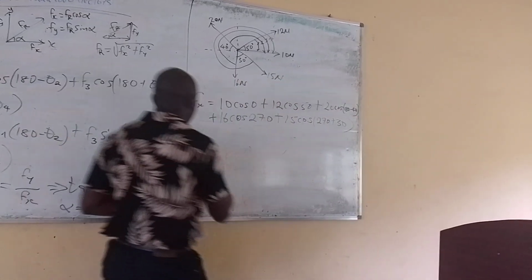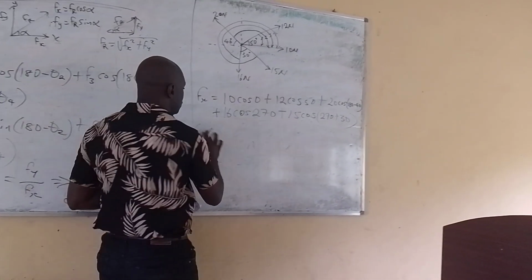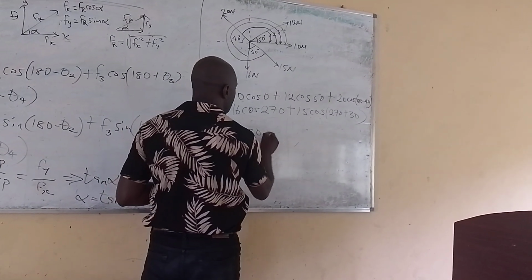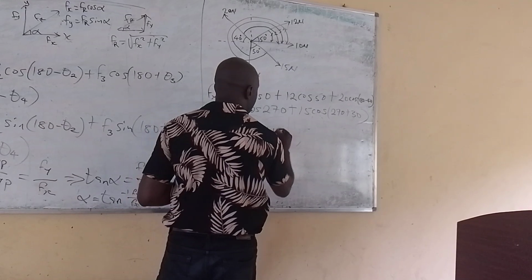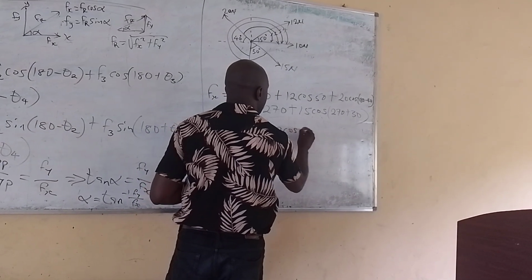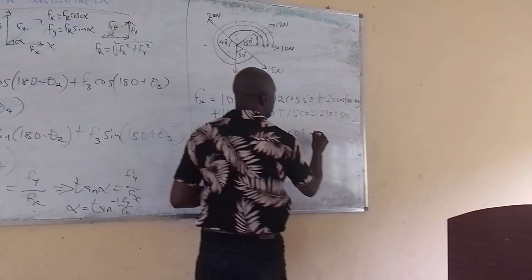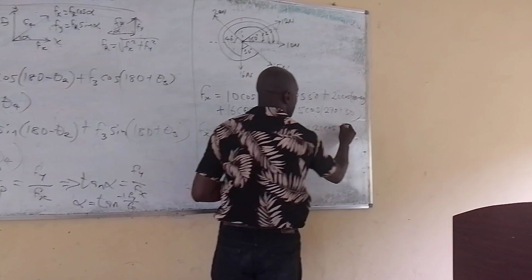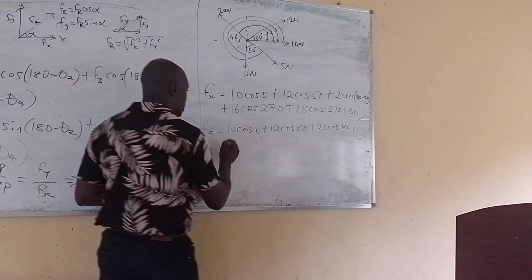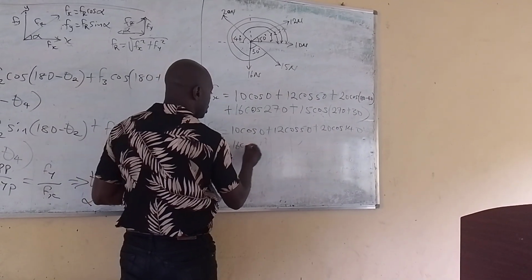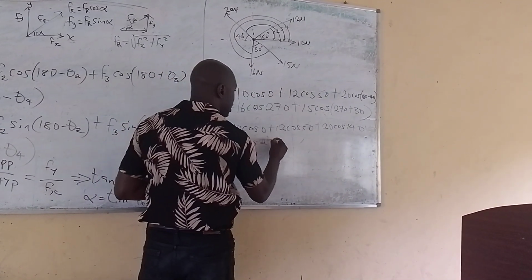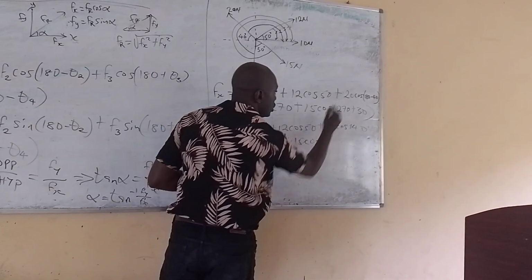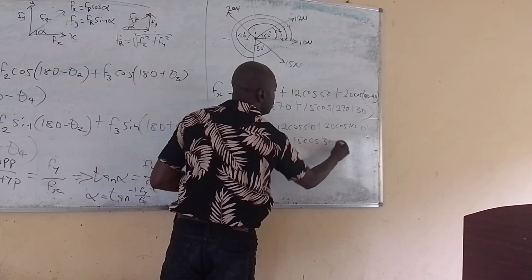Okay? Now, our F of X is going to be equal to 10 cos 0 plus 12 cos 50 plus 20 cos 180 minus 40, which is 140, plus 16 cos 270 plus 15 cos 270 plus 30, which is 300. Okay?